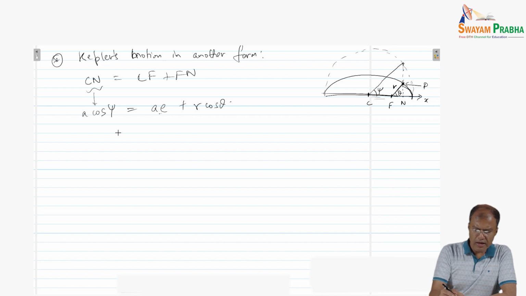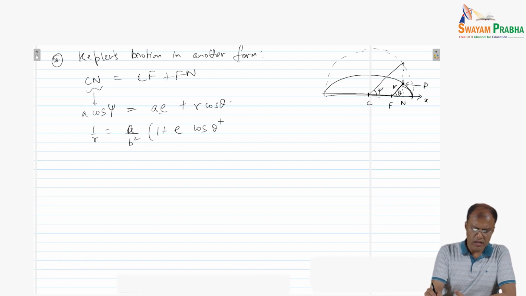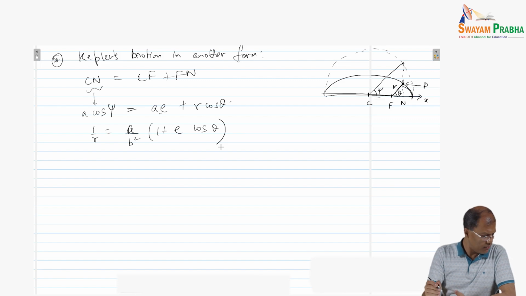So now again we are going to use our path equation. Remember, our path equation, the ellipse equation, is 1 over r is a by b square times 1 plus e cos theta. So that was my equation of the ellipse, and e was equal to 1 minus b square by a square.